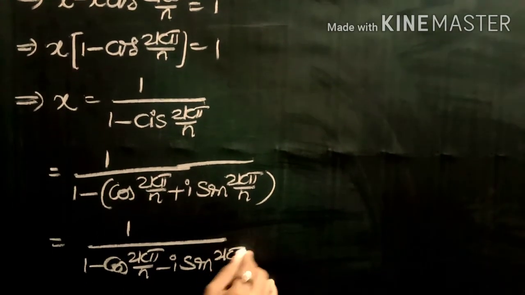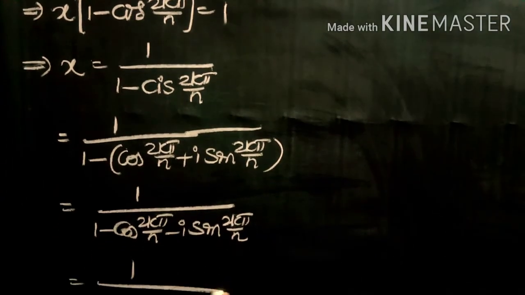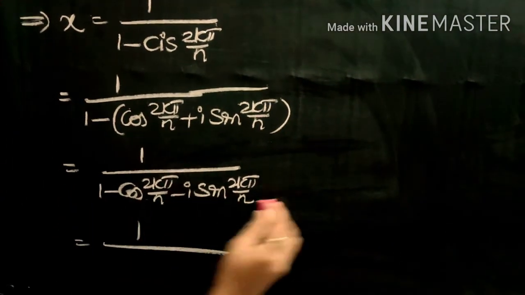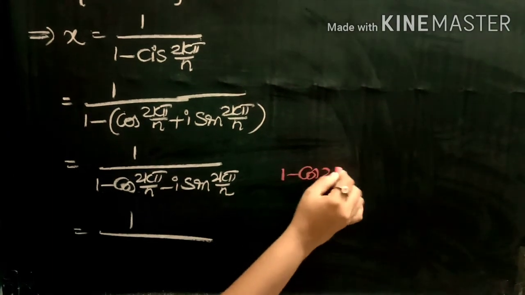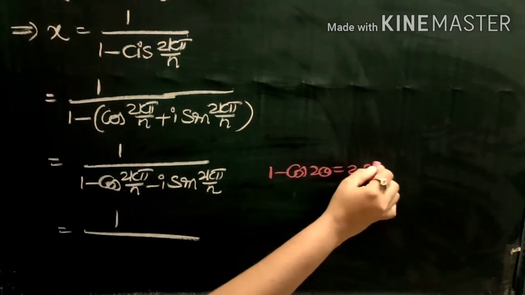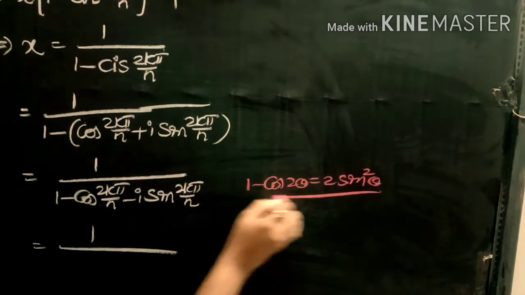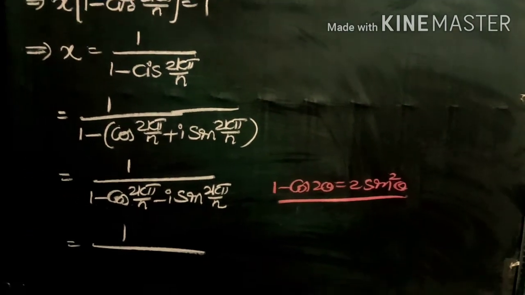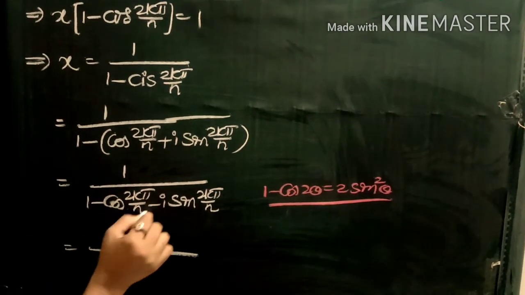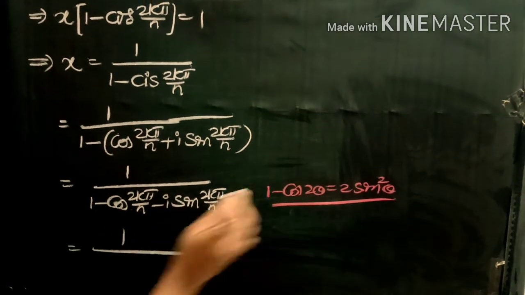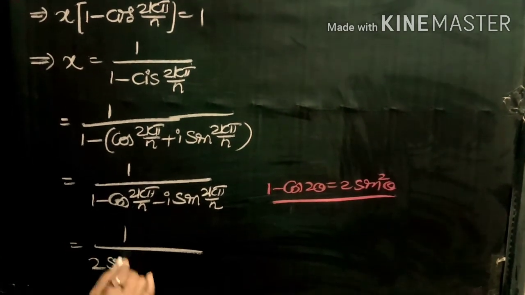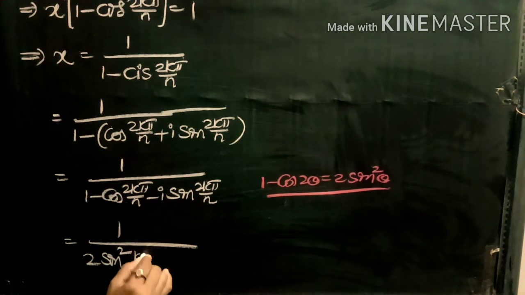Now we apply some formulas here. This is in the form of 1 minus cos 2 theta, and the formula is 1 minus cos 2 theta equals 2 sin square theta. We apply this formula here, where theta is equal to k pi by n. The answer is 2 sin square theta, where theta is equal to k pi by n.